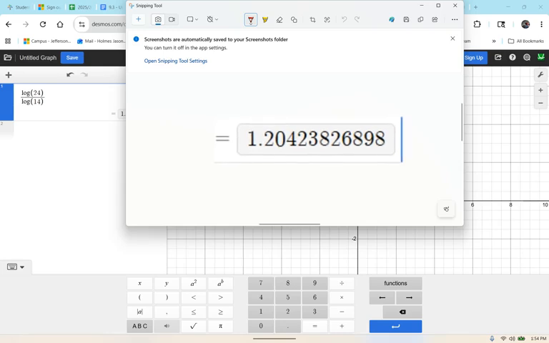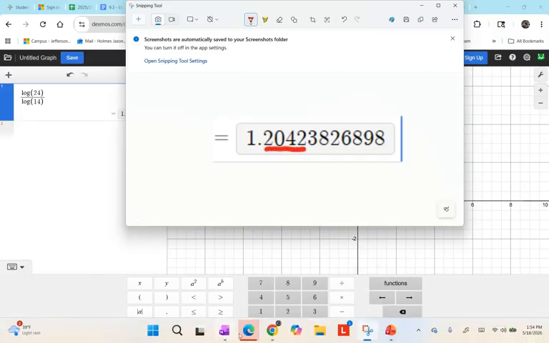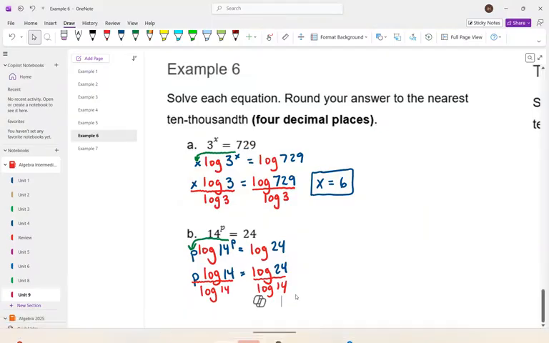As I look at this, they want it to the nearest 10,000th, which is the 4th decimal place. So I'm looking at these 4 decimal places. And then in rounding, that 3 next to the 2 tells me that I'm going to keep the 2 the same.